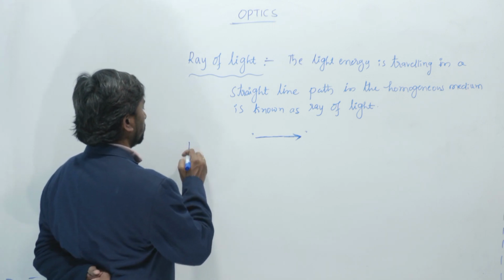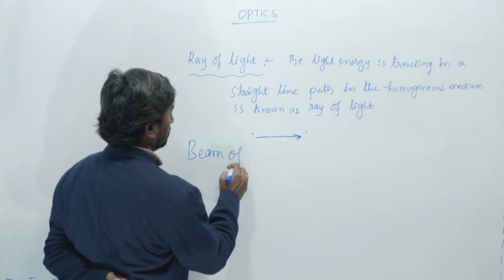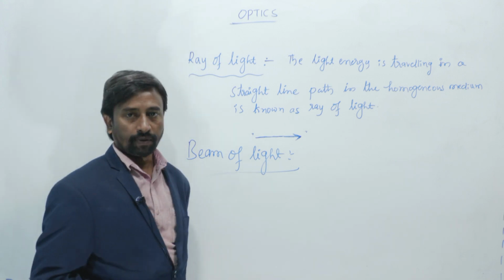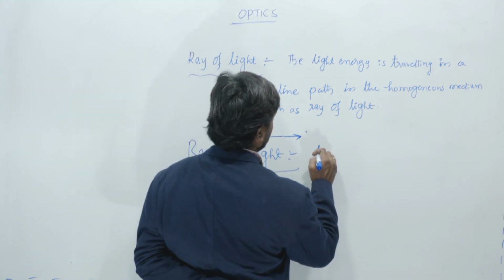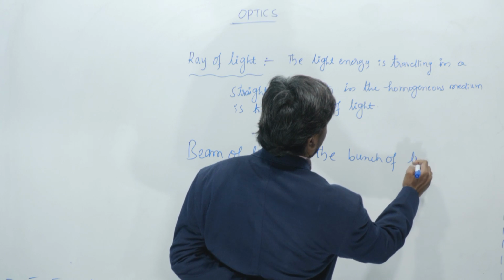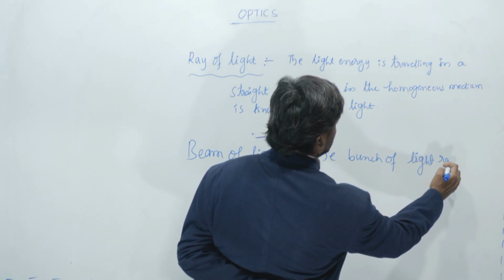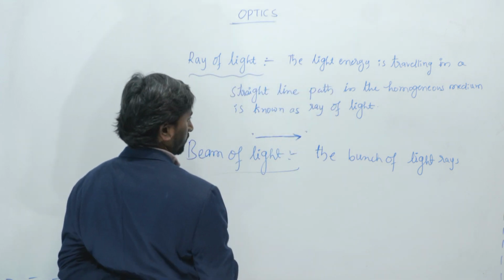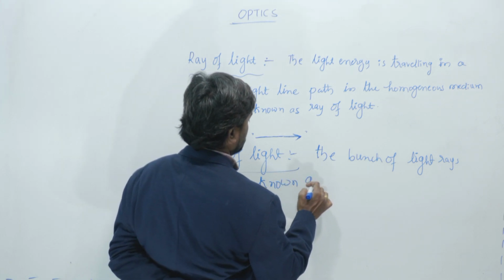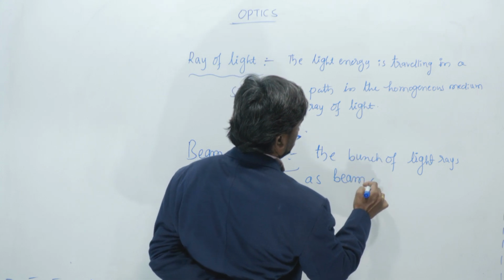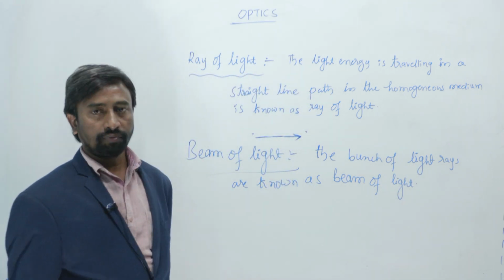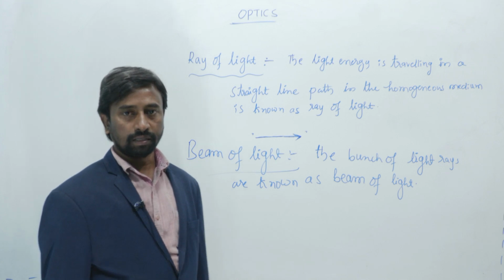Okay. So now we'll see the beam of light. A bunch or bundle of light rays is said to be a beam of light.